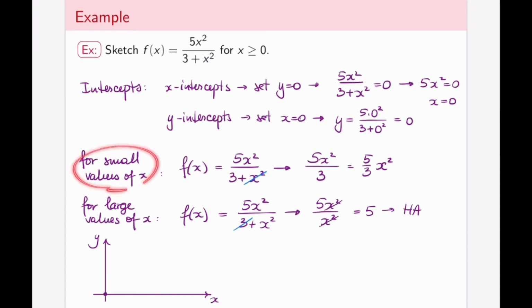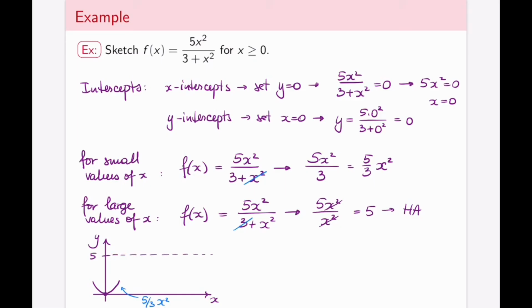For small values of x, my function looks like an upward-facing parabola. So this right here is 5/3 x squared. And what I know is that for large values of x, my function has to look like 5, which is, of course, a horizontal asymptote of my function.